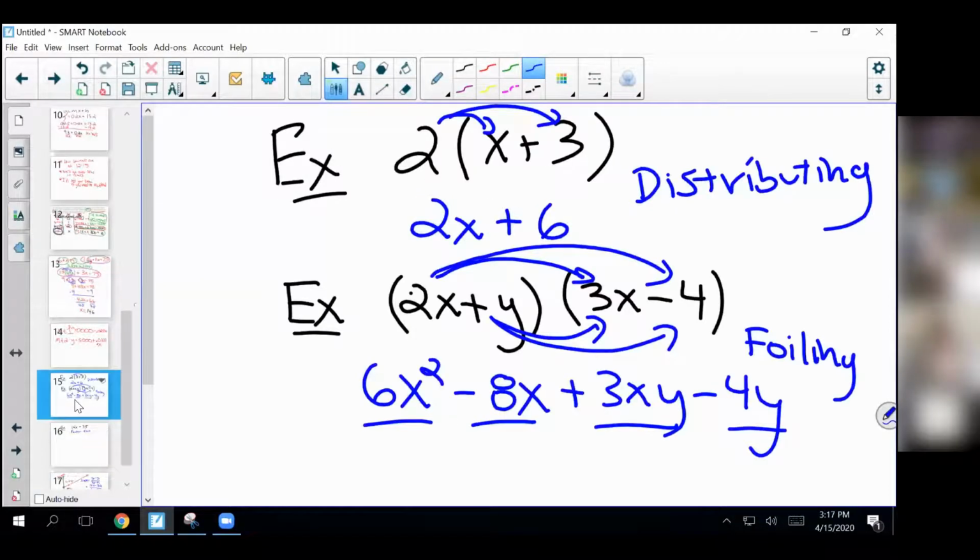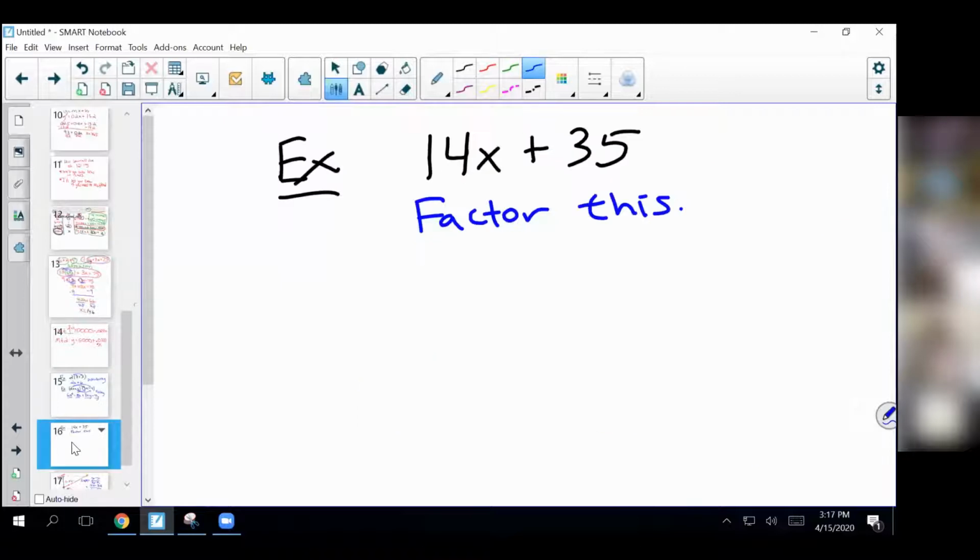Here we were distributing, we're putting the 2 into the parentheses. Here we want to do the opposite. We want to bring something out and create some parentheses. And the thing that goes into both of these numbers, the 14 and the 35, would be a 7. So I'm going to take out a 7.